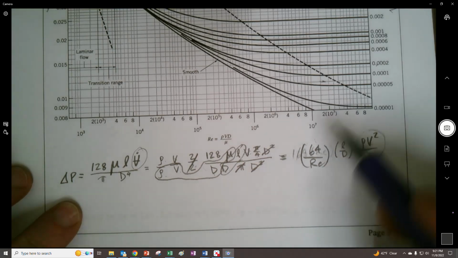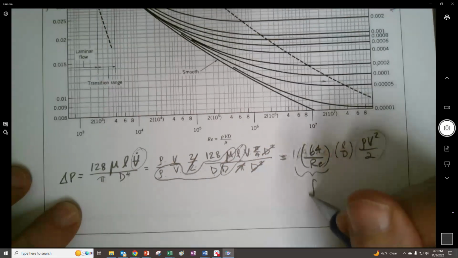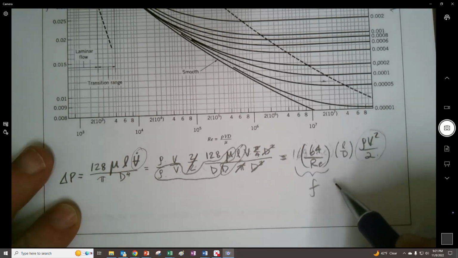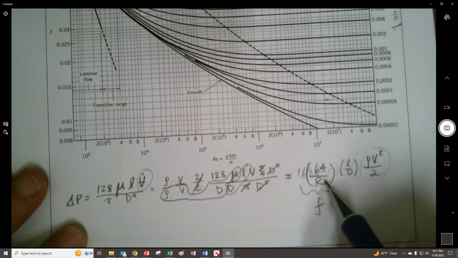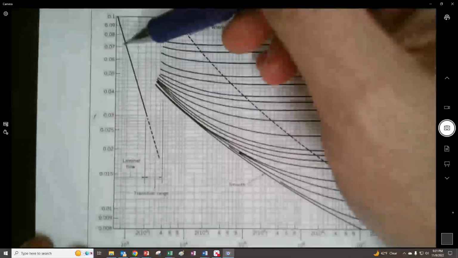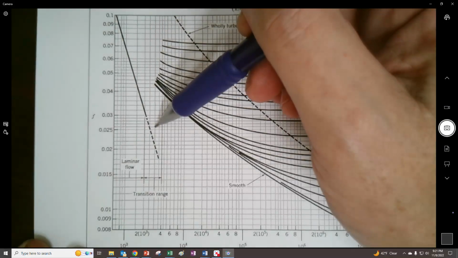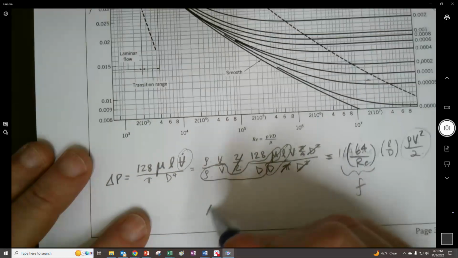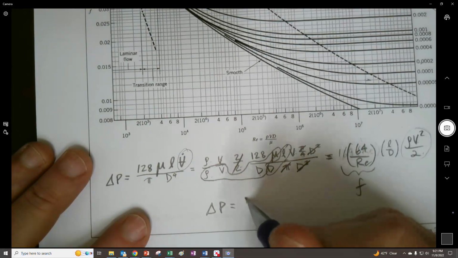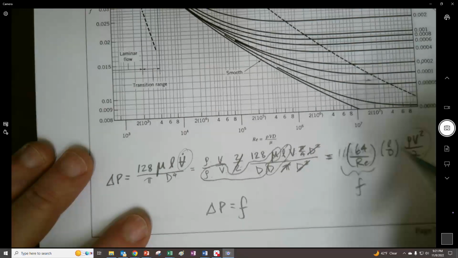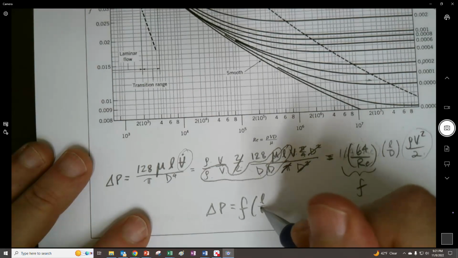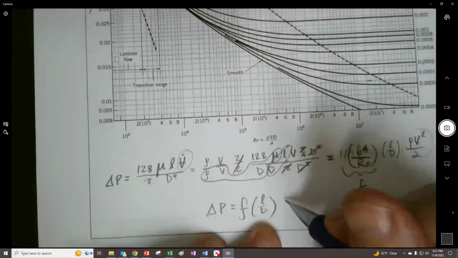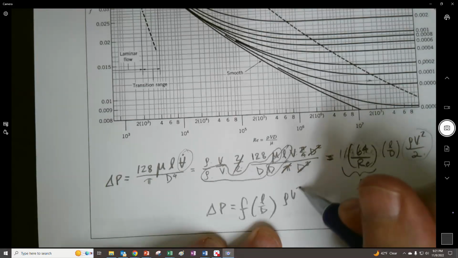And this is going to be our friction factor, the laminar friction factor, and it's dependent on Reynolds number, as you can see right here. So that line right there is describing this. So we have delta P equal to the Darcy friction factor times L over D times rho v squared over 2.